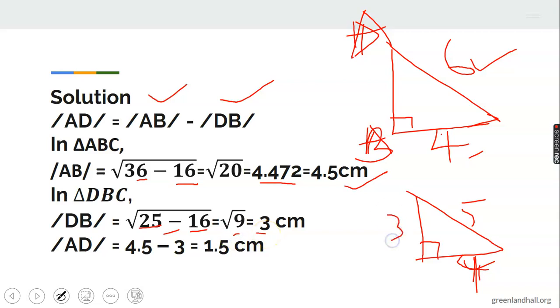So here is 3. Therefore, AD, because this is D, and this is B. So AD will be 4.5 minus 3, which will be 1.5 cm.